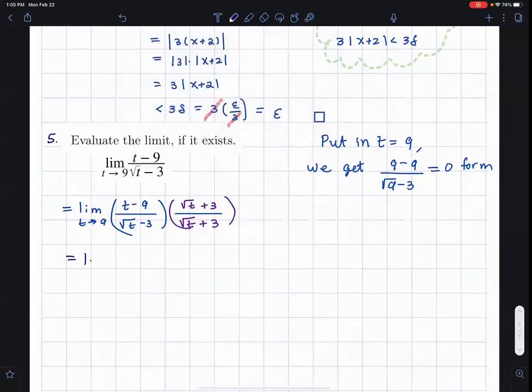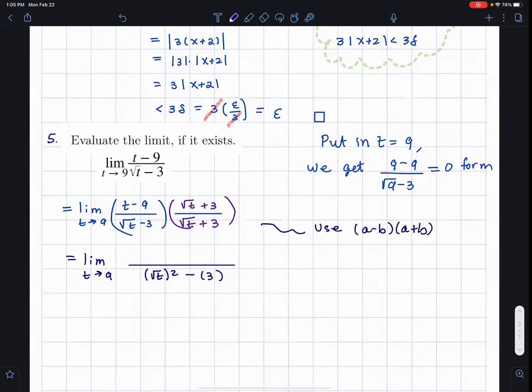Let's see what happens. The denominator is going to simplify to a difference of squares. We have radical t minus 3 times radical t plus 3, so I get radical t squared minus 3 squared. This is like a minus b times a plus b equals a squared minus b squared.